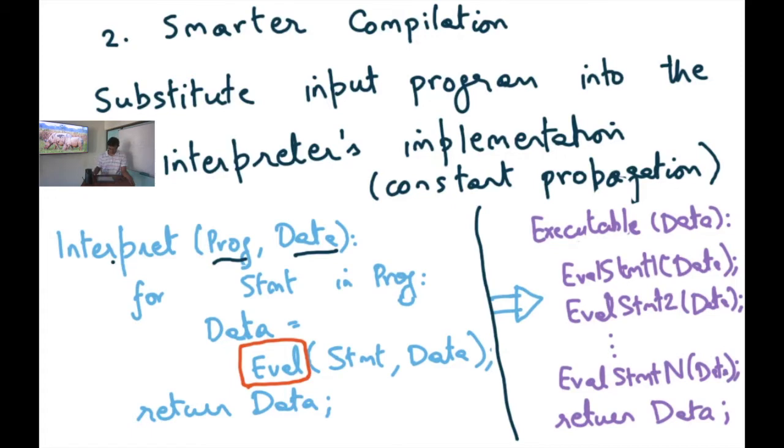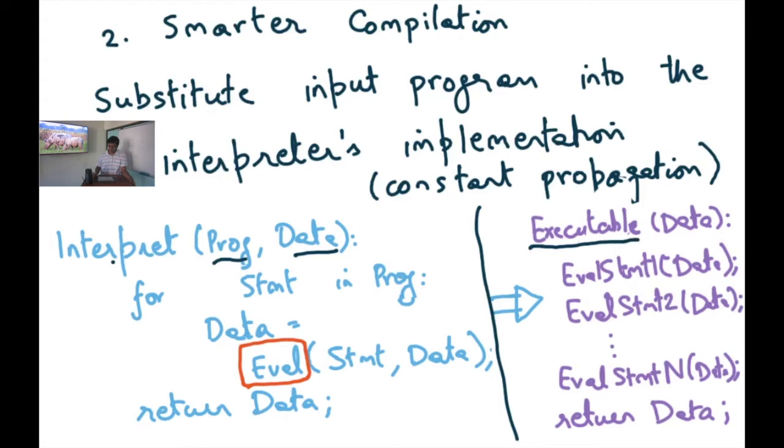All right, so now we know the program, and let's say the program was statement 1, statement 2, statement 3, statement 4, ... statement n. Let's say it's a program of n statements. So then I can specialize or partially evaluate the interpreter on that program, something like the following, right? So we get a new executable.